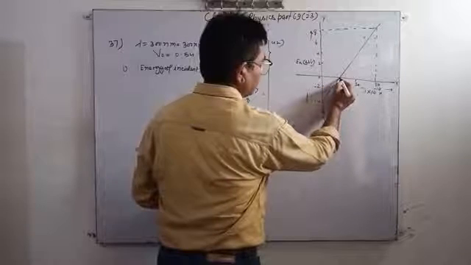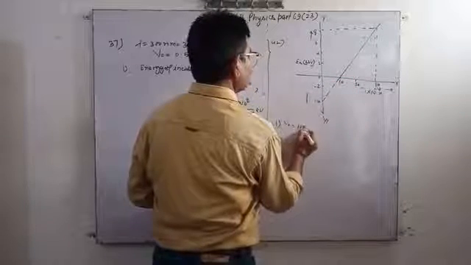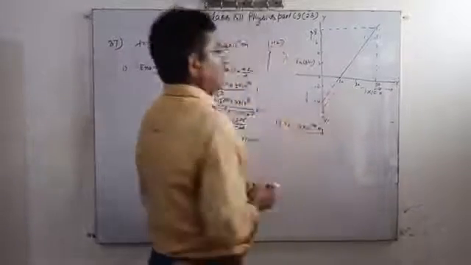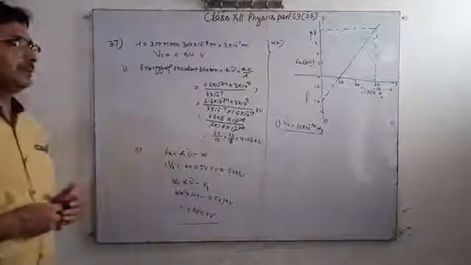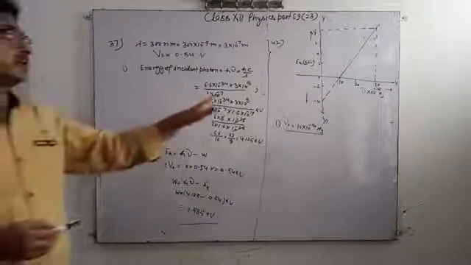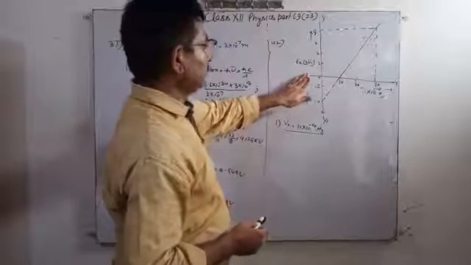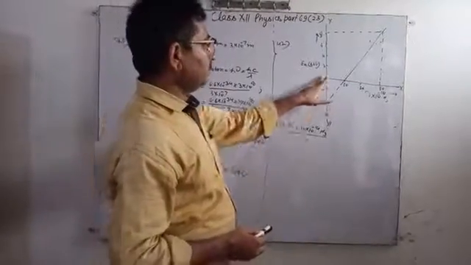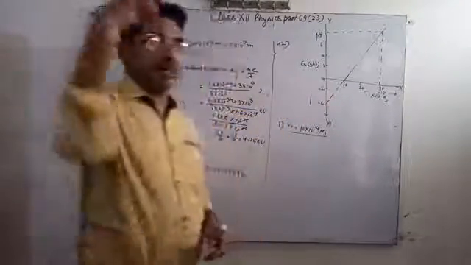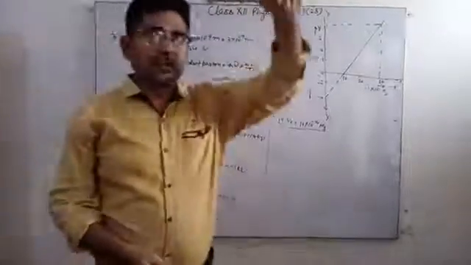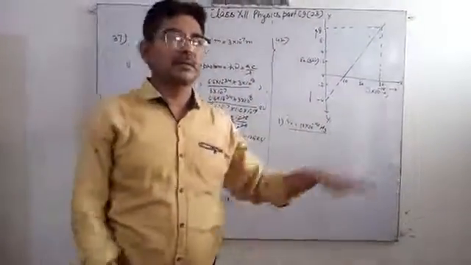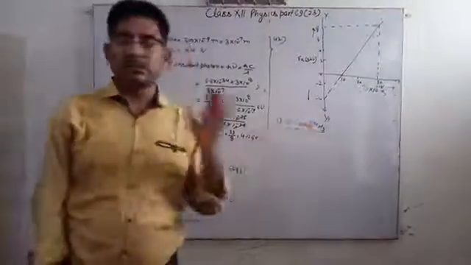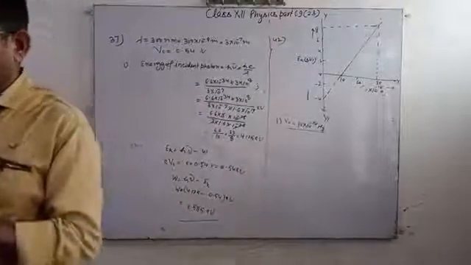From the graph it is very clear that it is 10 × 10^14 hertz. It is the frequency at which the maximum kinetic energy of the ejected electron is 0, meaning no emission of electrons is possible below it.